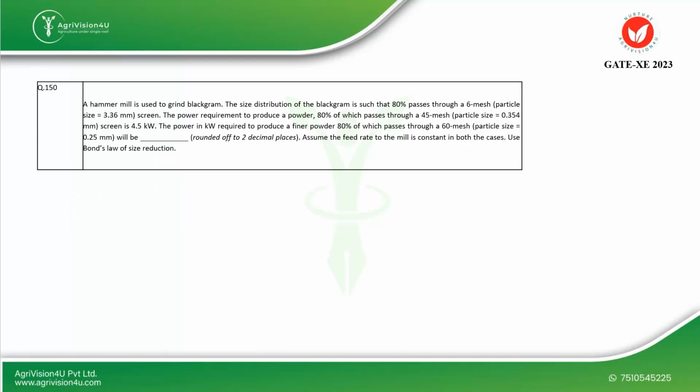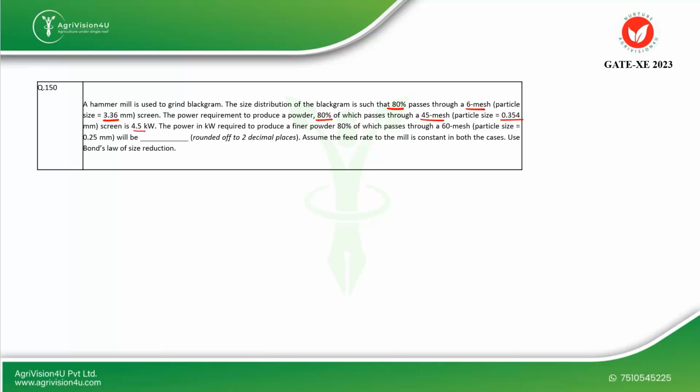So our next question: a hammer mill is used to grind black gram. Now the size distribution of black gram is such that 80% passes through a 6 mesh particle size, which is a 3.36 mm screen. The power requirement to produce a powder, 80% of which passes through a 45 mesh particle size of 0.354 mm screen, is 4.5 kilowatt.